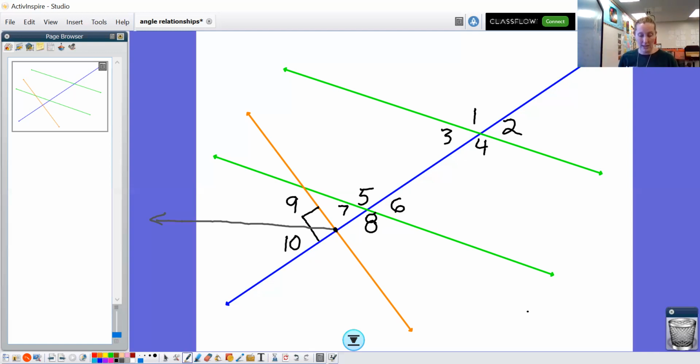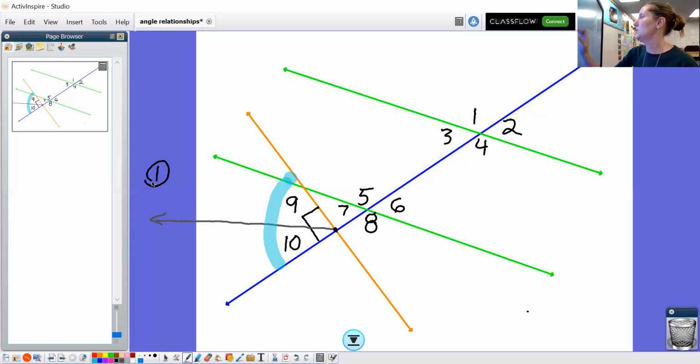angles is 90 degrees. So if we total up these two angles here, and I'm going to highlight this in blue, from here to here, and I should erase that just a little bit. Let's make it more accurate, right? From there to there, all the way around is 90 degrees. These two angles are called complementary angles.